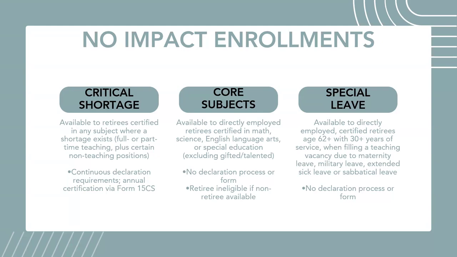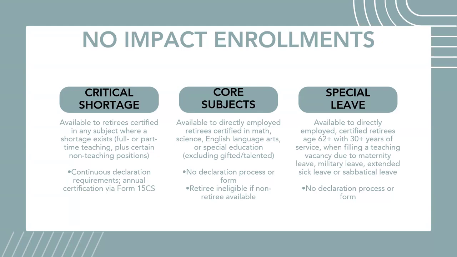For special leave, this is available for our directly employed again, but it has a lot more strict requirements. It has to be a retiree of age 62 or older with 30 or more years of service, and this is only available when filling maternity leave, military leave, sabbatical leave, or extended sick leave. This one does not require a declaration process or form as well. I really think of core subjects and special leave as an alternative to critical shortage.